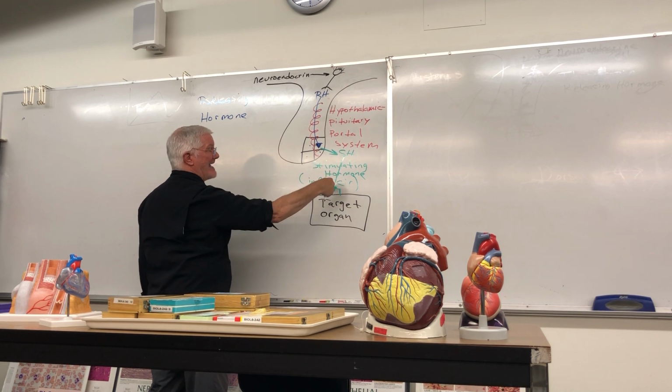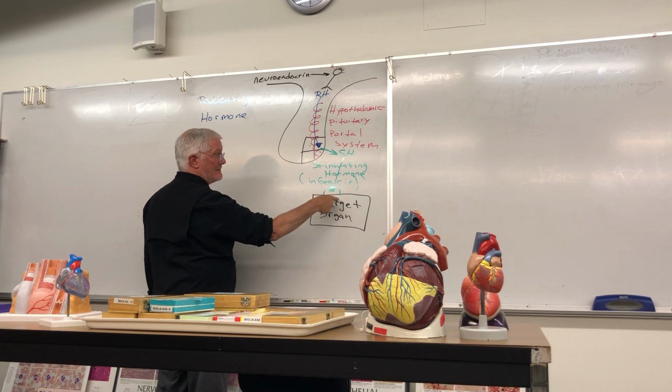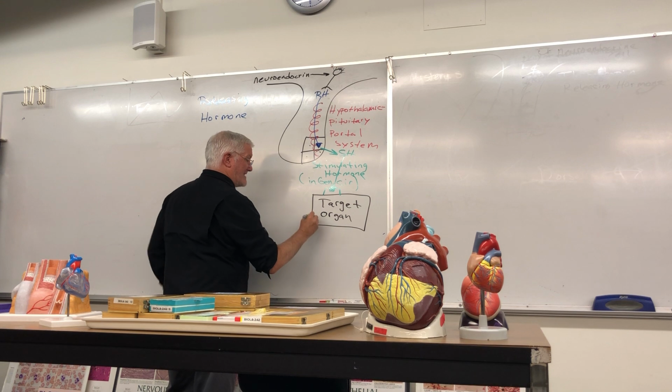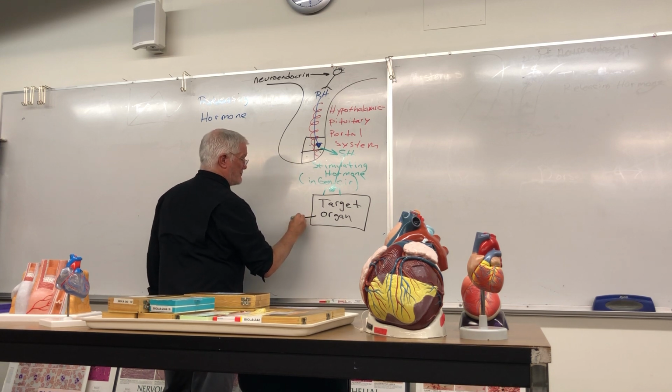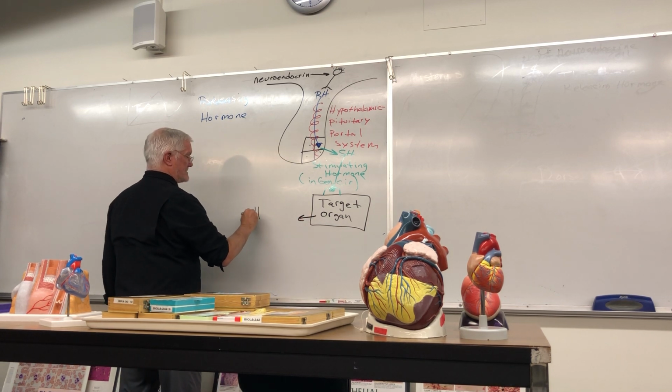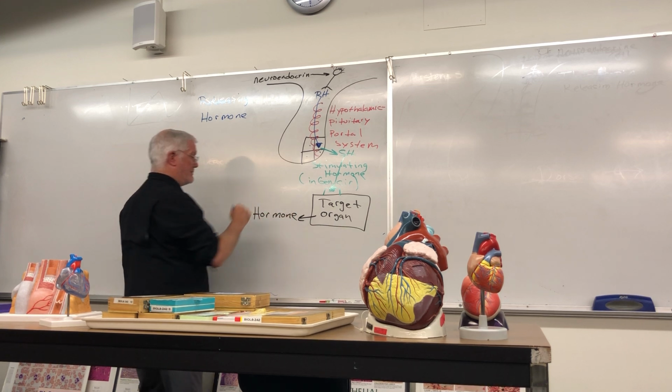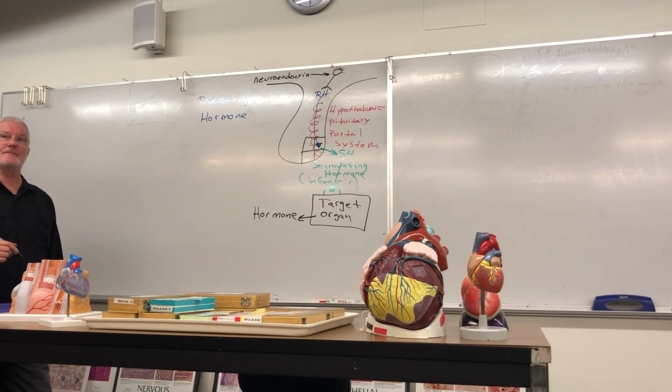And when the SH lands on the receptor located on the target organ, that's going to cause the target organ to produce a hormone, perhaps, in response. And this is the hormone that we're looking for in your blood. And then we're going to pause, because this is a non-specific pathway.